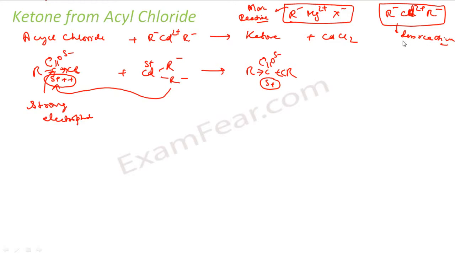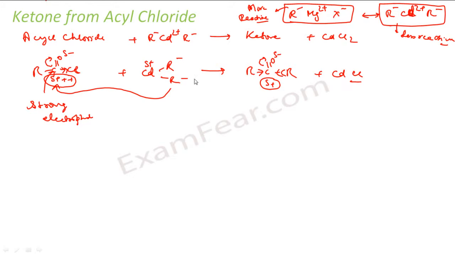So please note, as I told, in case of aldehyde and ketone, we always look for a mild agent. DIBAL-H is a mild agent. Here, CdR2 is the mild agent. If you compare RMgX and CdR2, CdR2 is a mild agent. Correct? So if we are using CdR2, with this you get this and CdCl2. Correct? That is the reaction mechanism.